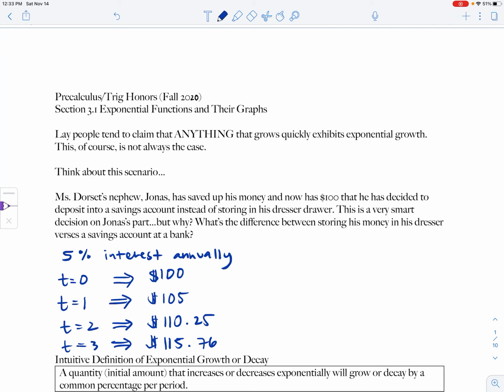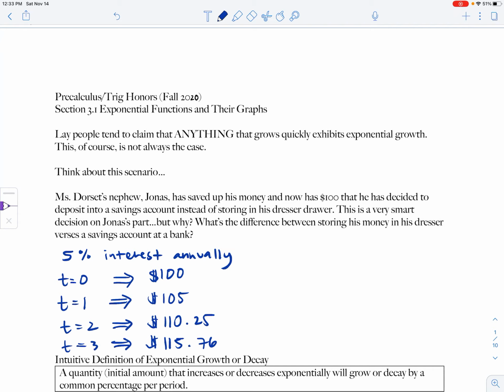And if we're taking 5% each year, and that amount is getting larger and larger and larger, the amount that we're adding on is also going to end up getting larger and larger and larger, so that his money will be increasing at a faster rate as time is passing.